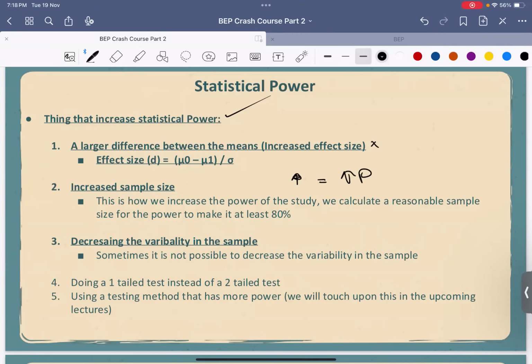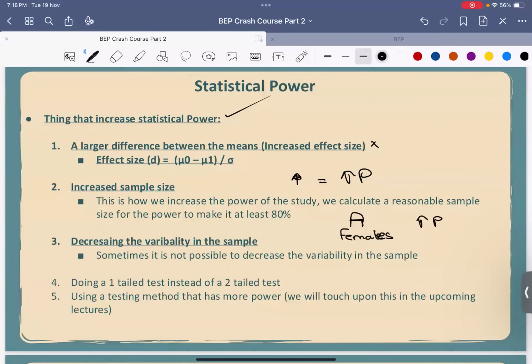Very important. Every single exam it comes. And the next one is decreasing variability in the sample. Let's say I have sample A, and I take a random sample. If sample A were mostly females randomly, and they're all in the same age range, that means within the sample we have little variability, and that will increase our power.